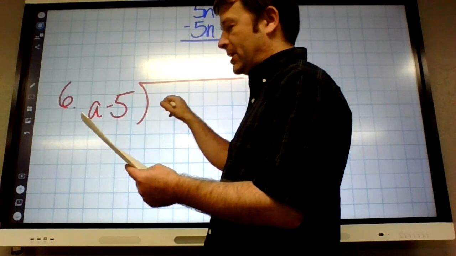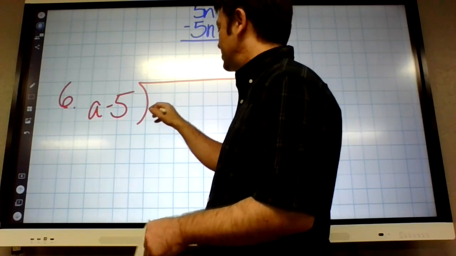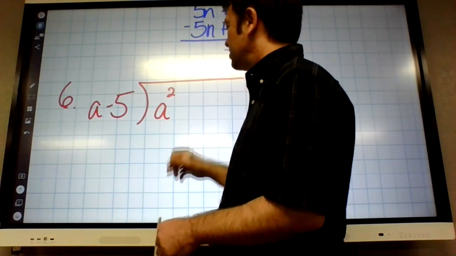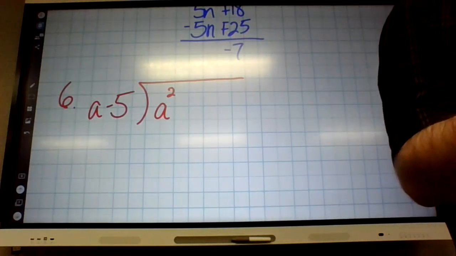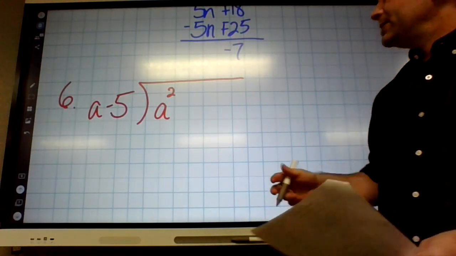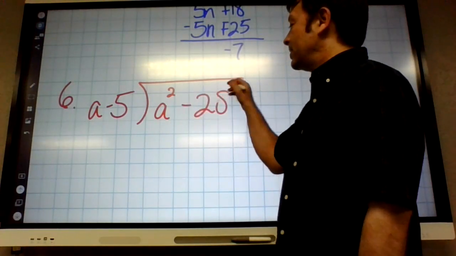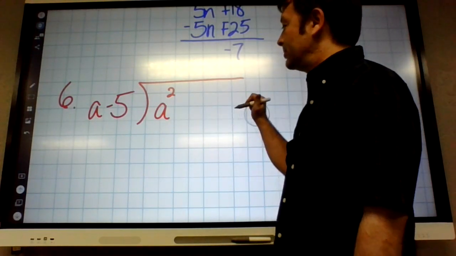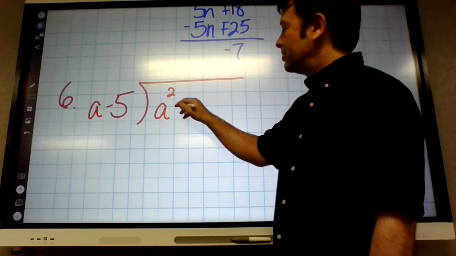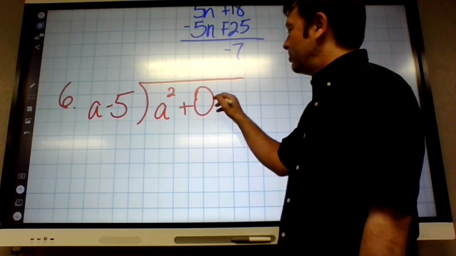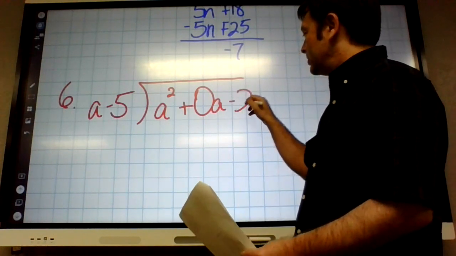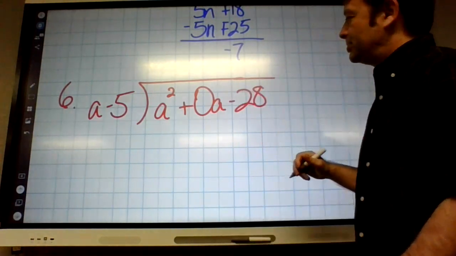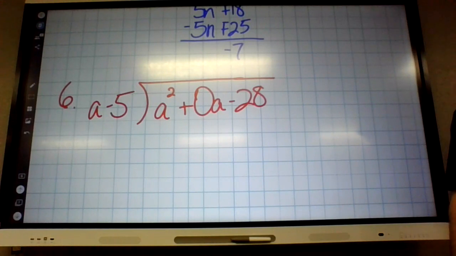What's a squared minus 28 missing? It's missing the a term. You can't just write a squared minus 28. You need a placeholder for the a term, so you put a 0a right there where the a term normally would be. And then it should divide.